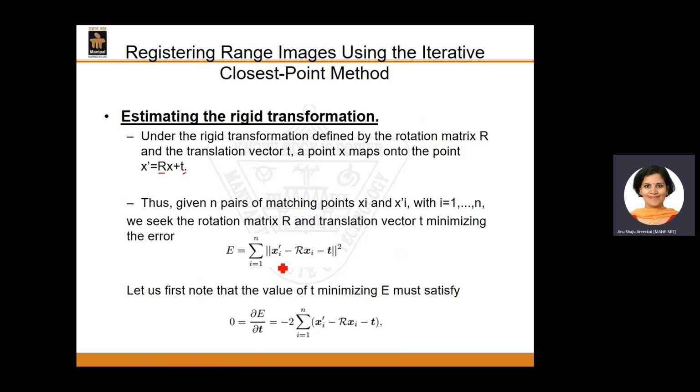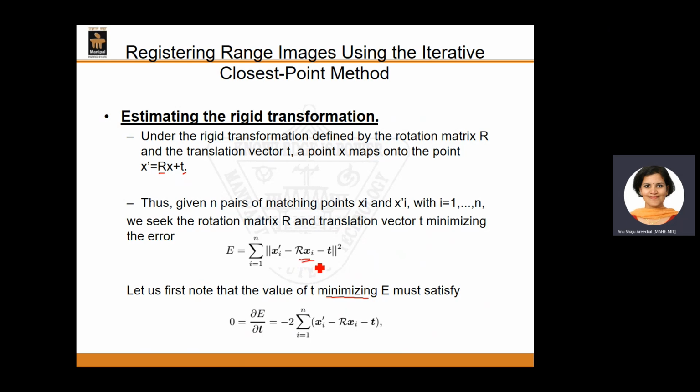So we use the SSD error, or the distance between the matching point as well as the rotated and translated point, and then we calculate how much the distance of the error is, and depending upon that we try to reduce it. So we again recalculate the closest points and the rigid transformation and recalculate the error here. So here our aim is minimizing E, right?